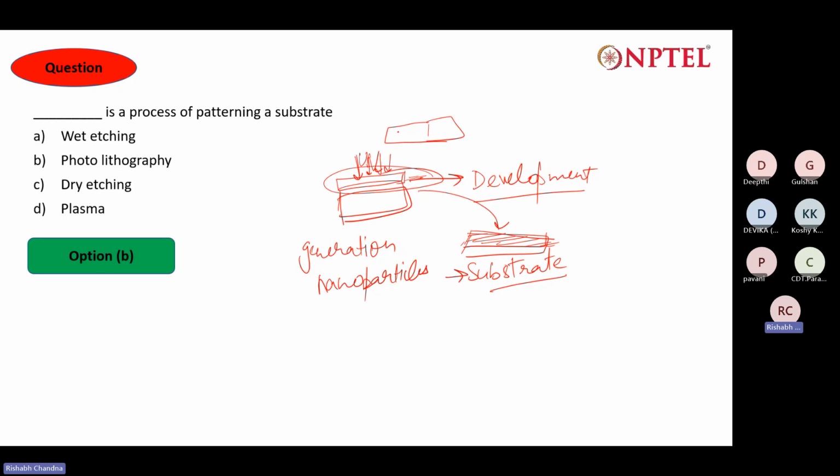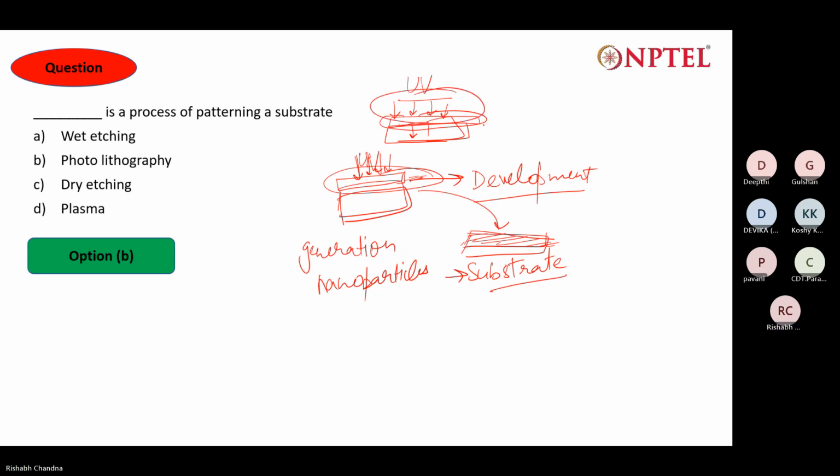We keep the substrate and then we keep the layer of the nanoparticle above it because we have to develop that layer on the substrate. Now, from above, we put a particular wavelength of light, generally UV light, to transfer this pattern on the substrate. That's why it is called photolithography, because we are using light.